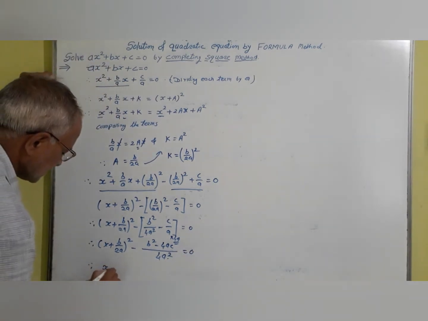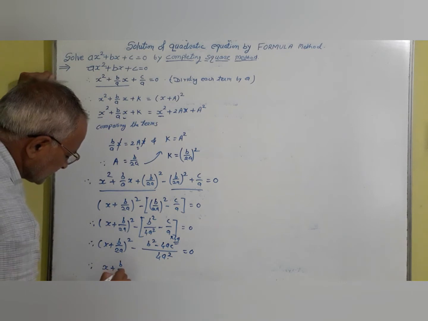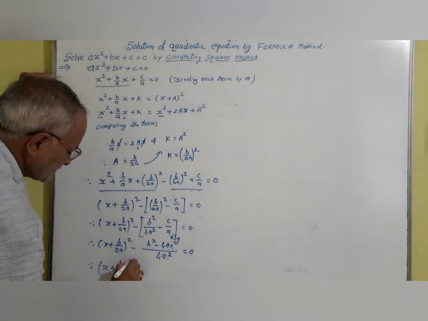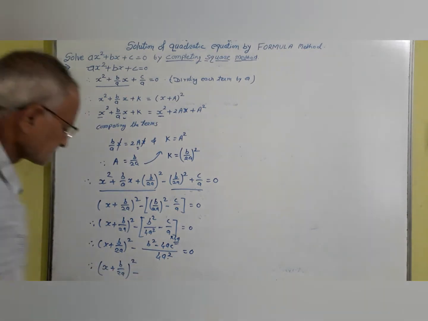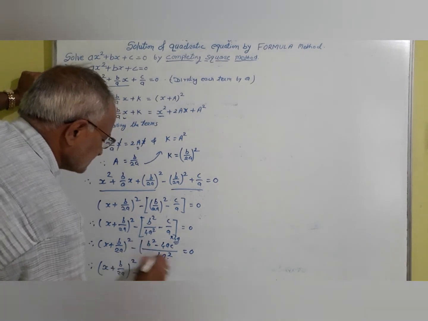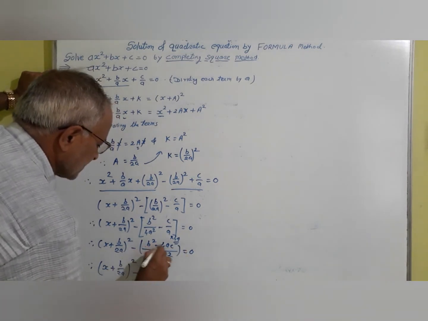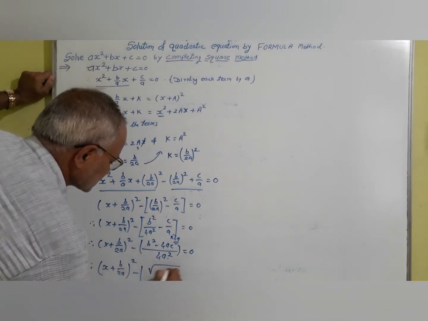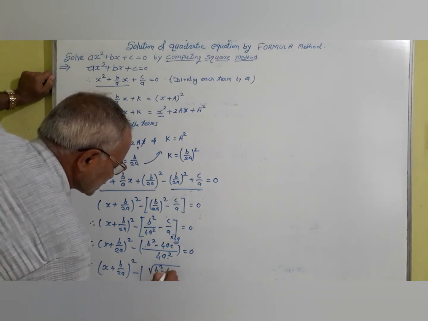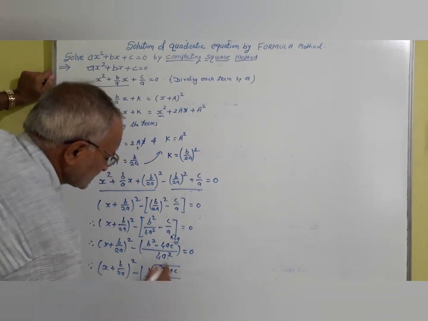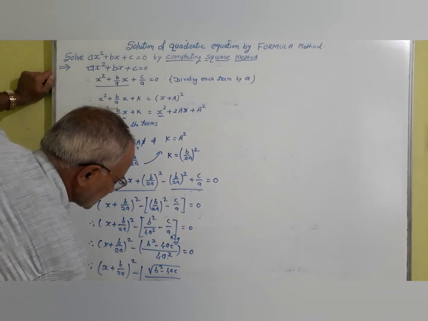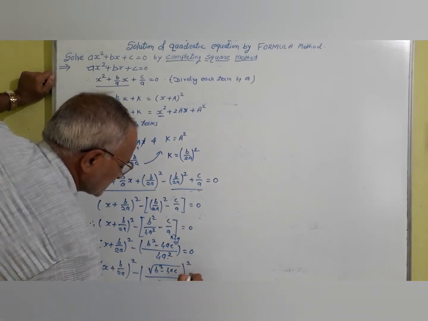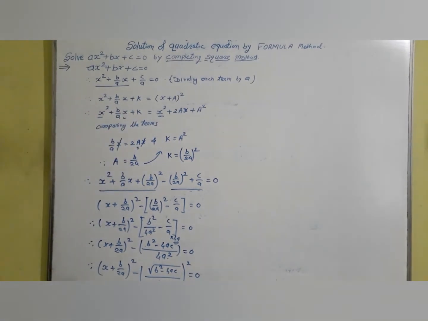Therefore x plus b upon 2a whole square minus, in the next bracket, b square minus 4ac, is square root b square minus 4ac upon square root of 4a square, that is 2a whole square is equal to 0.